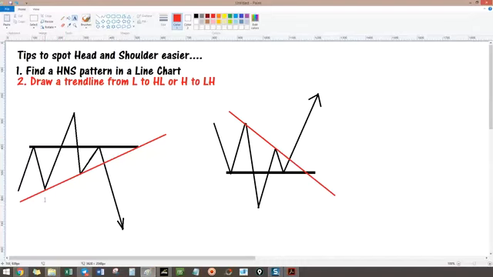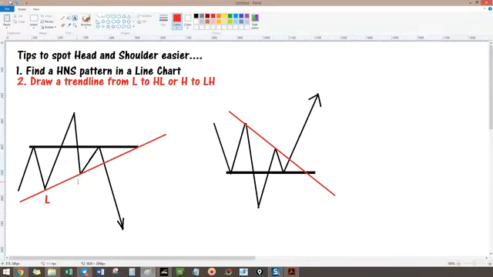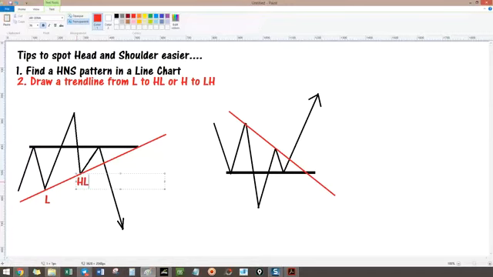Okay, so over here is low, higher low, high, lower high.